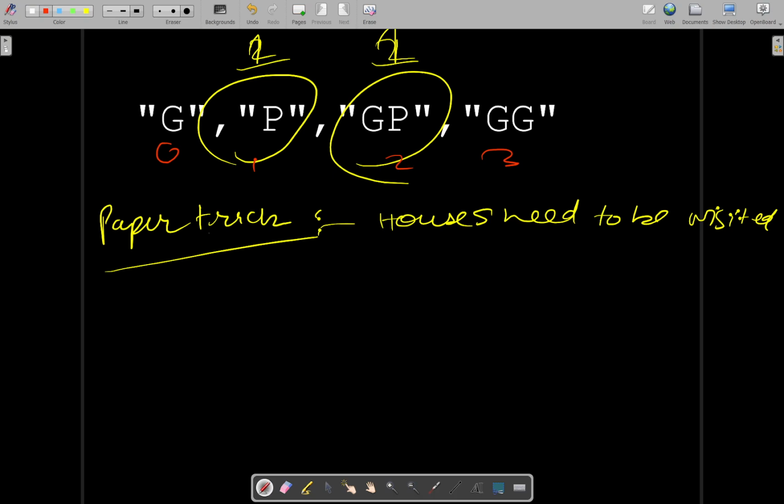And it will take you some time to reach these houses. This will be the time taken to reach the houses.